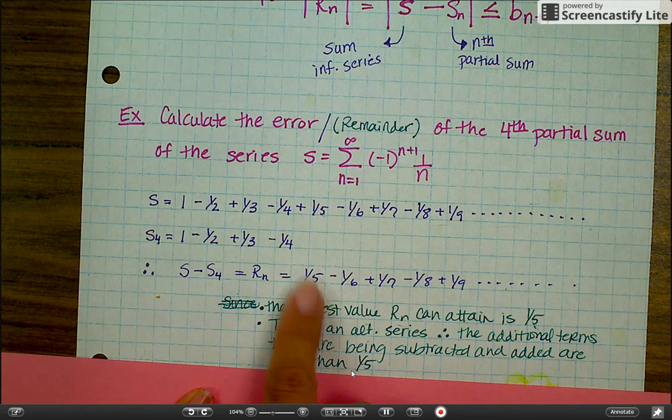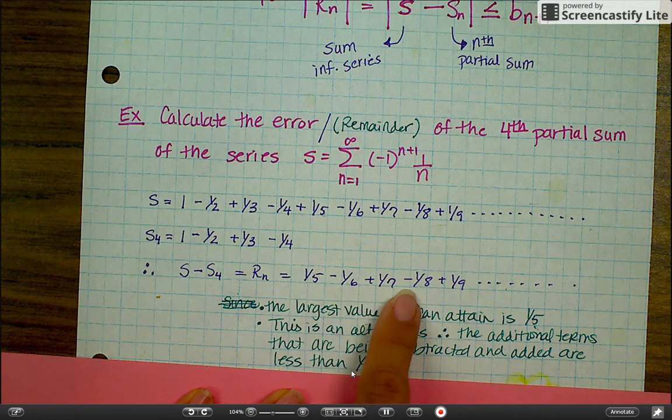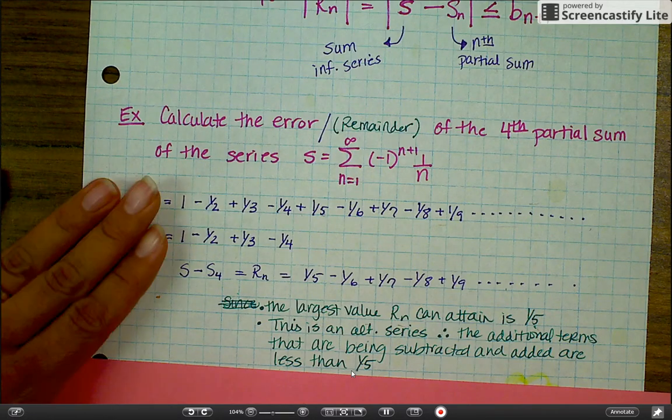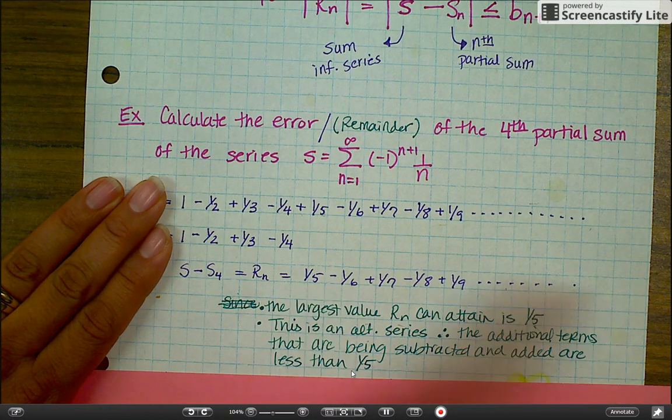This has to be the largest value, because as I take away and add, all the values that I'm taking away and adding are always going to be less than the previous value. So that is why the largest value that this sum could be is 1/5.